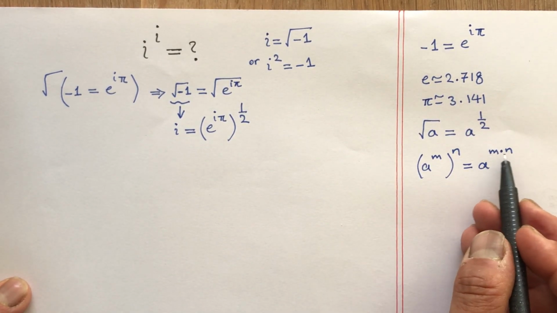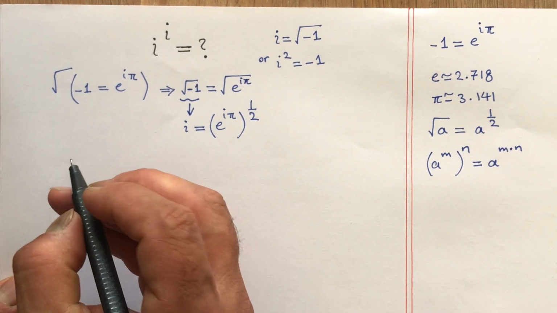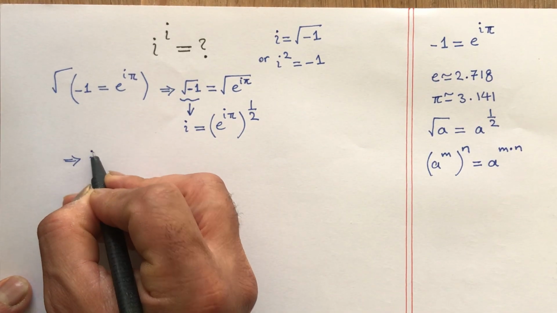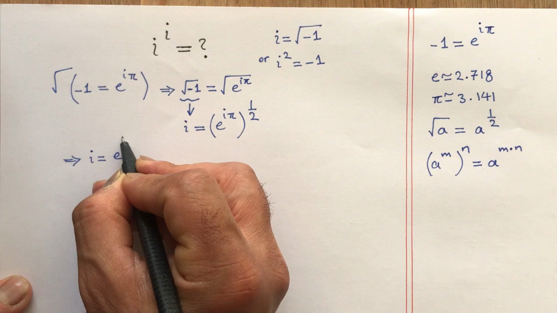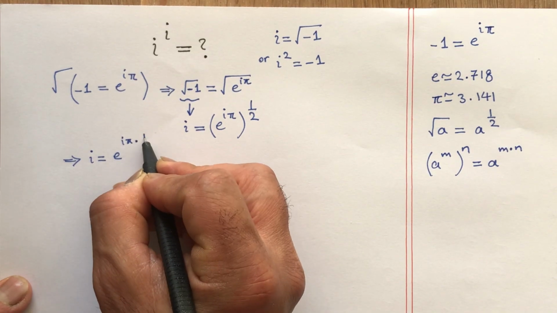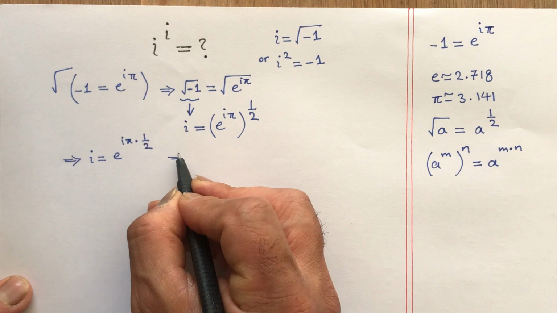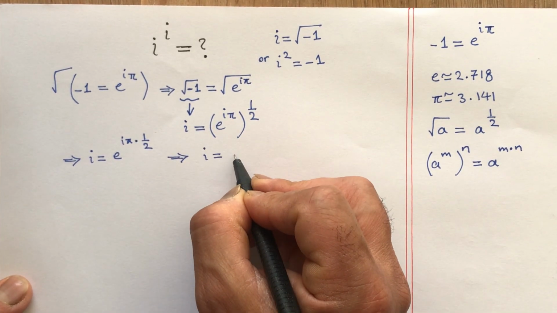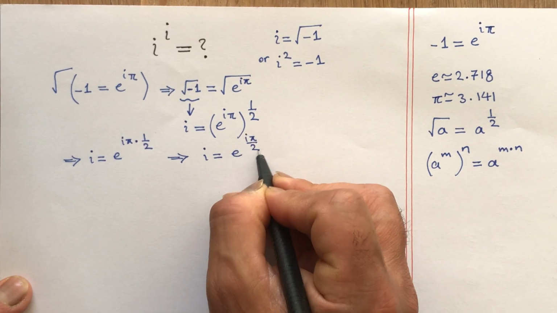We have to multiply the powers. Now I can rewrite this: i equals e to the power of i pi times 1/2. That gives i equals e to the power of i pi over 2.